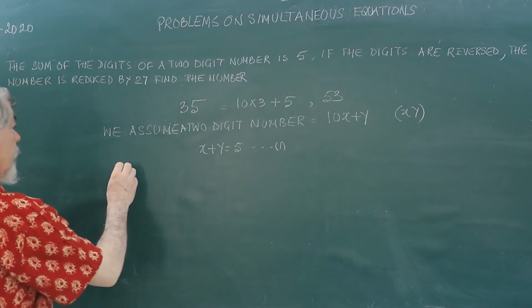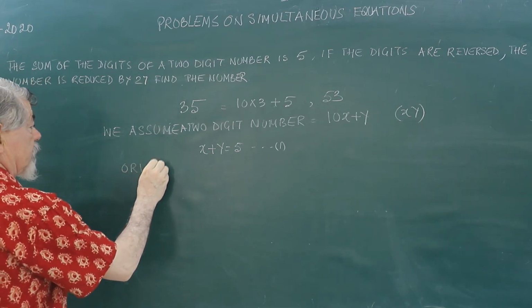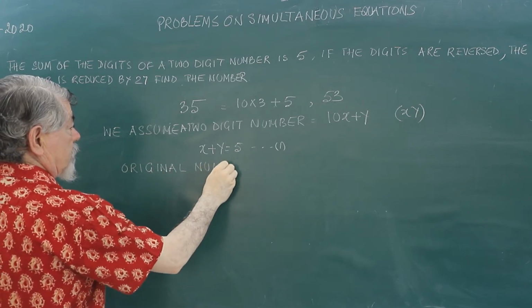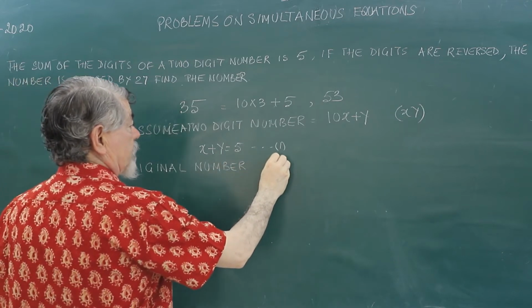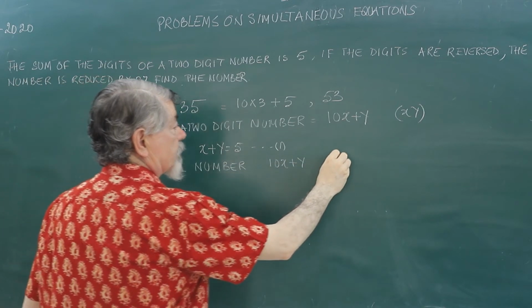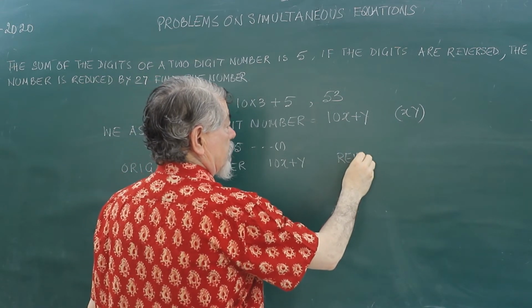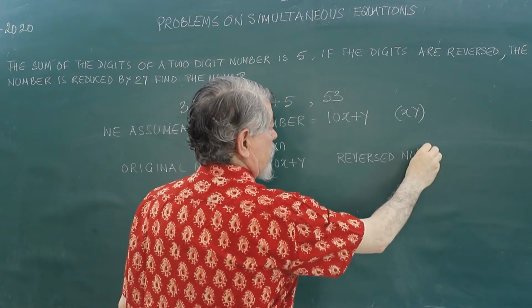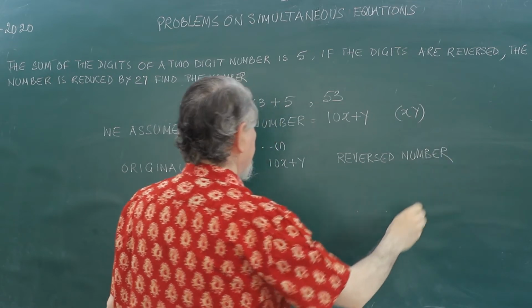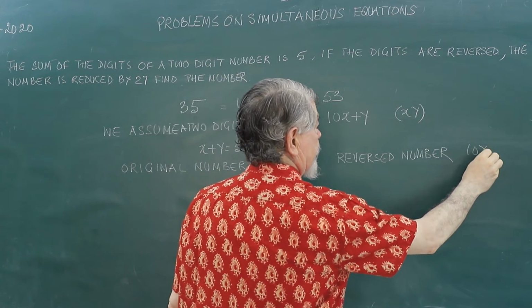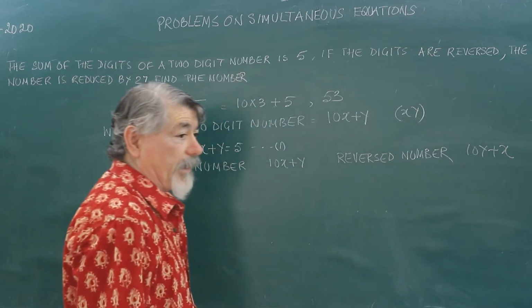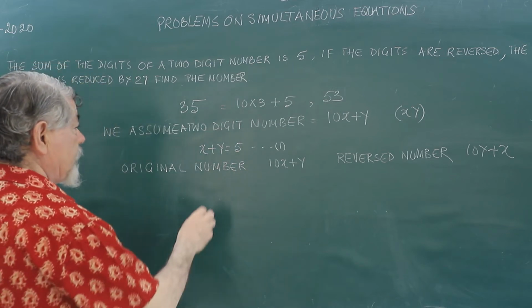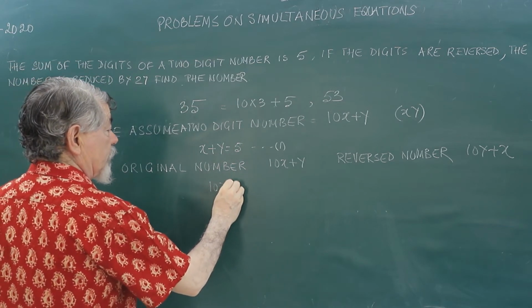What is the original number? Original number is 10x plus y. Reversed number, what is the reverse number? 10y plus x, is reduced by 27. So 10x plus y is the original number.